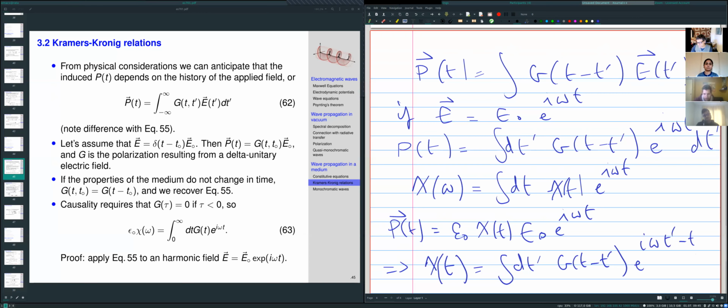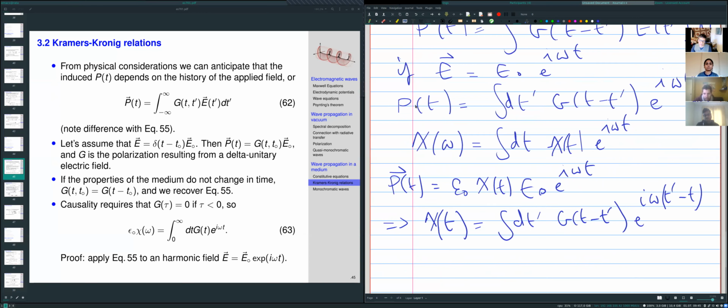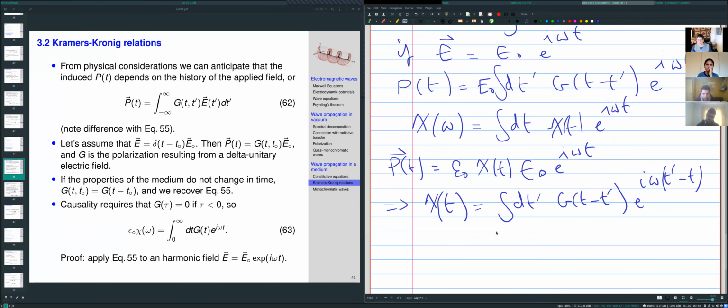I've replaced P of t on the left hand side with epsilon 0 chi and the electric field, and on the right hand side I'm keeping this expression. Oh, I forgot to put the E0 here. So that cancels out with the left hand side. I still need to have 1 over epsilon 0 somewhere, I think. So let's leave it there for the time being.